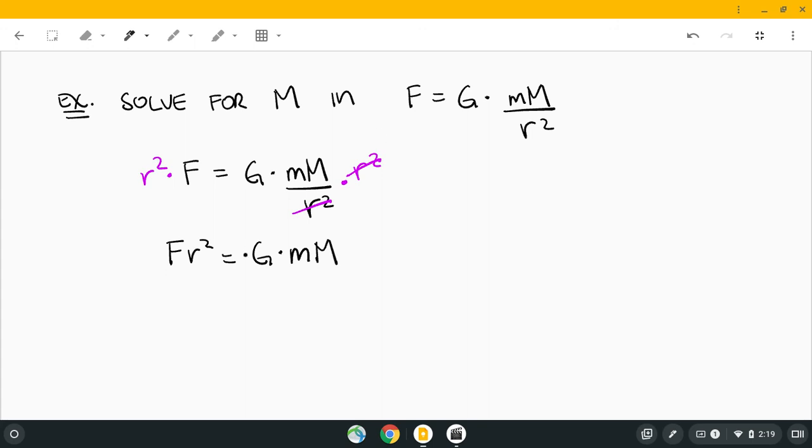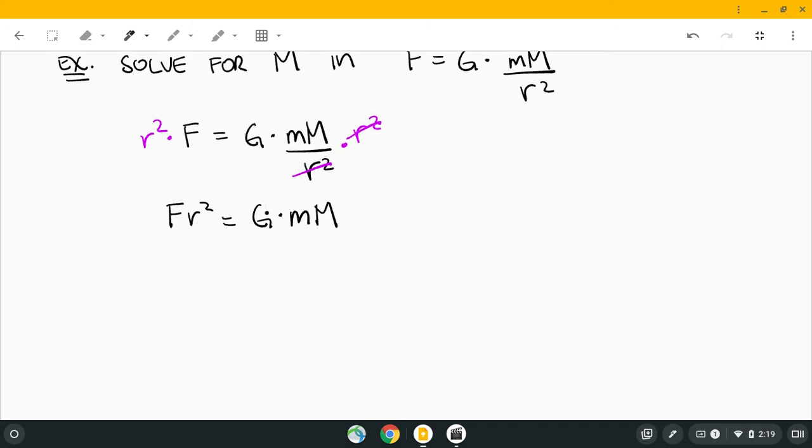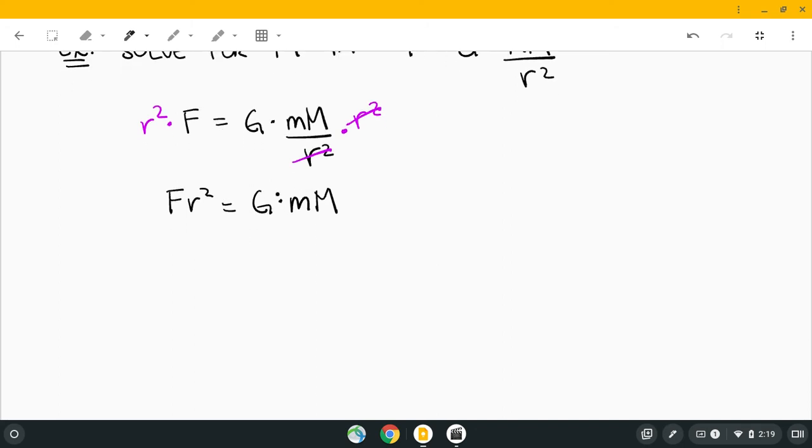Okay, so here we have the capital M. We are trying to get this by itself. We have multiplication by this lowercase m and multiplication by this capital G. So I want to undo those multiplications.